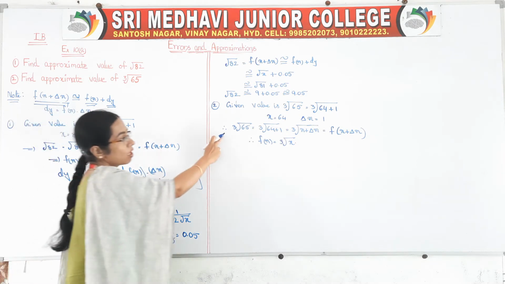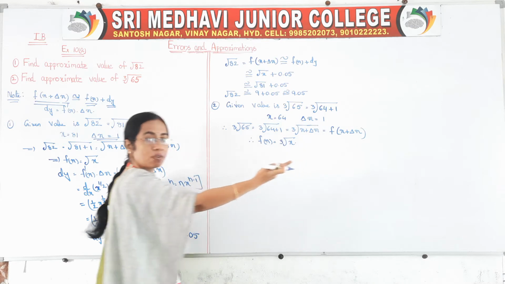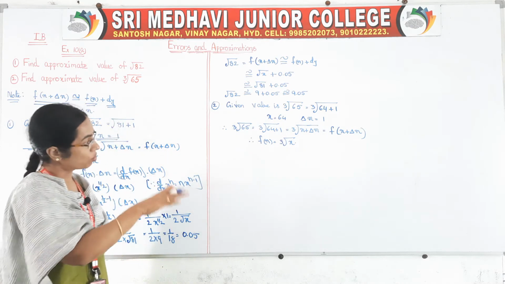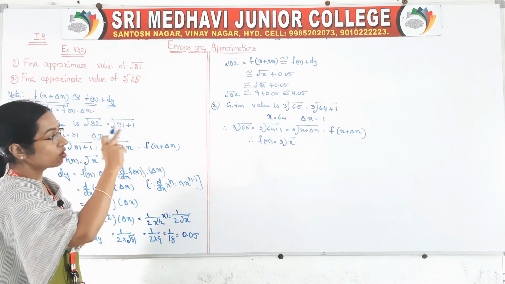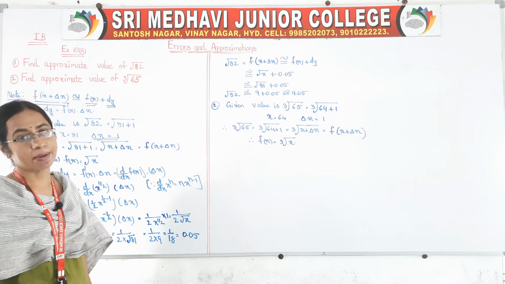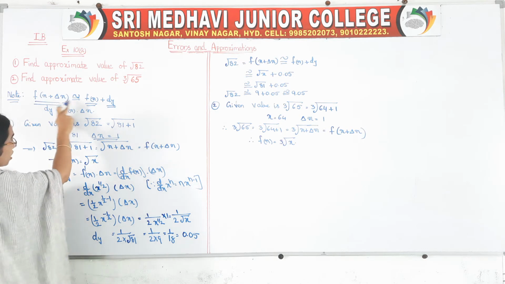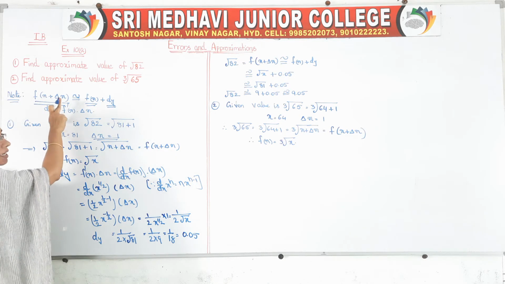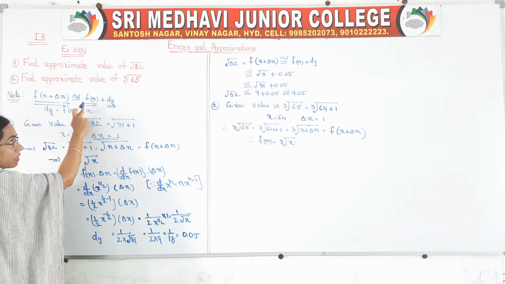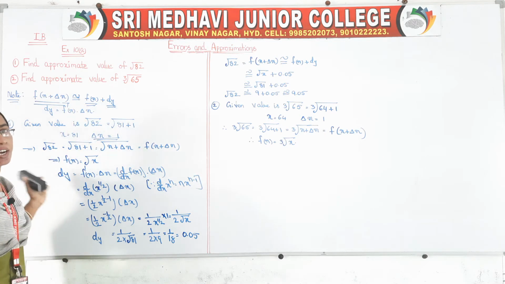Definitely our cube root of 65 is f of x plus delta x value. The question asks to find the approximate value of cube root of 65. So we have to find the approximate value of f of x plus delta x. Its formula is f of x plus dy.